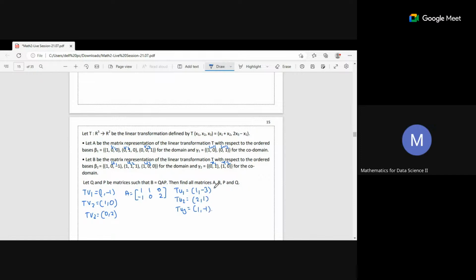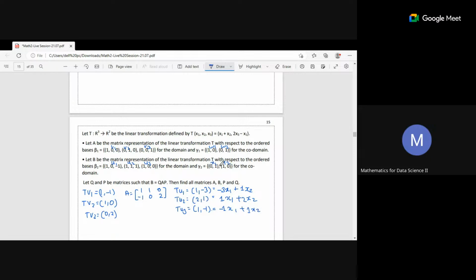Now you have to express this in terms of x1 and x2. So minus 3 x1 plus 1 x2, right? And 1 x1 plus 2 x2. Is that fine? And minus 1 x1 plus 1 x2.